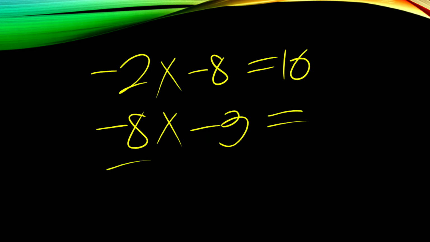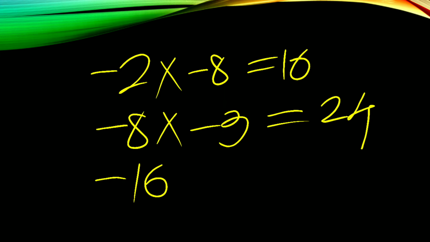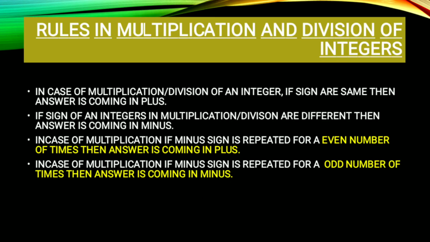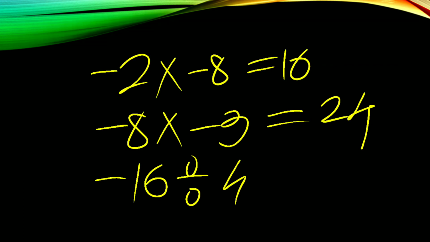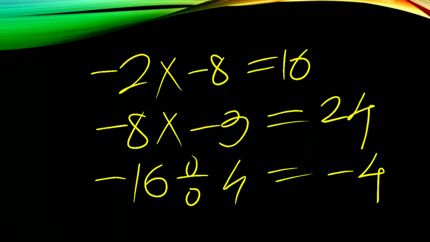Both integers have the same sign, so the answer comes plus 24. Now, the next one, minus 16 divided by 4. Here both integers have different signs. When the signs are different, as per our rule, the answer comes in minus. So minus 16 divided by 4, the answer is minus 4.